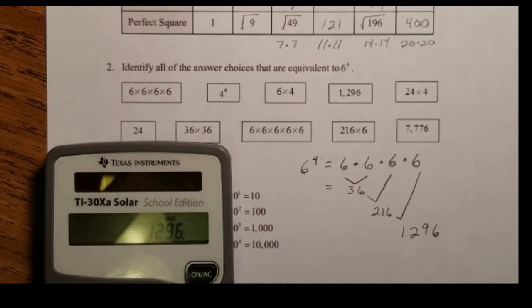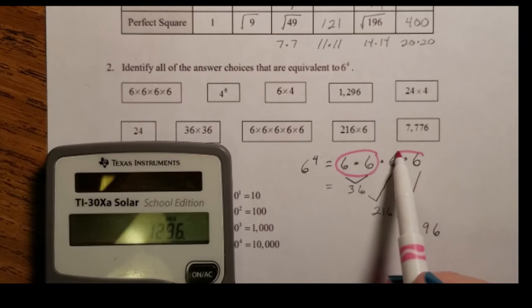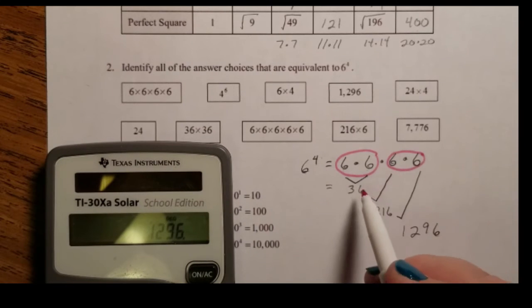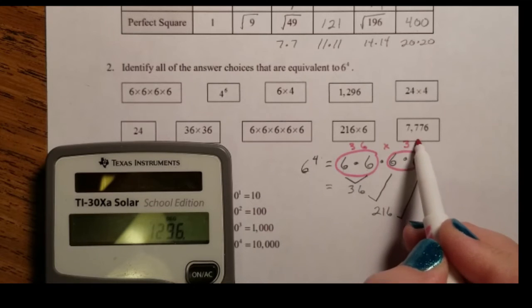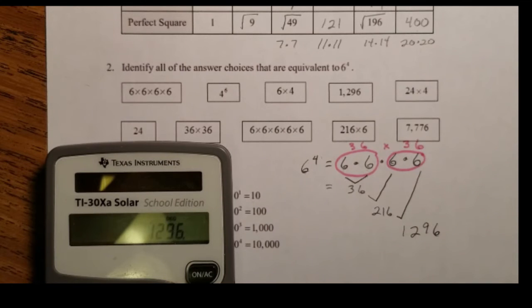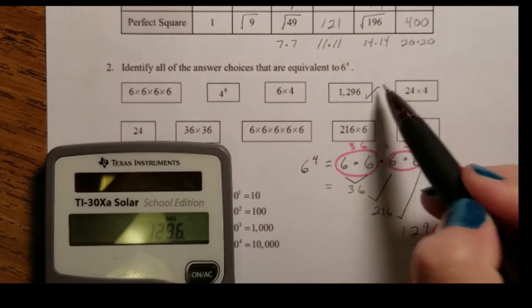Another way we could have done it is 6 times 6 and 6 times 6. So this would have been 36 times 36. So we have our first answer, 1,296.